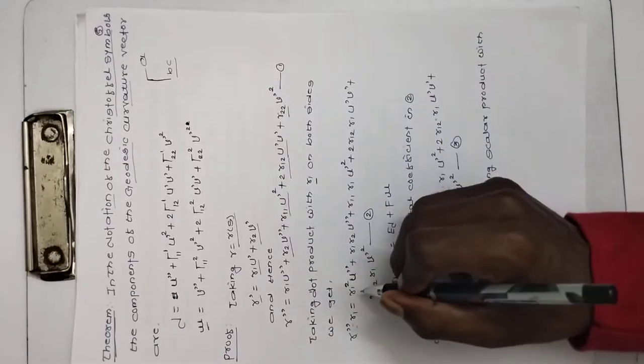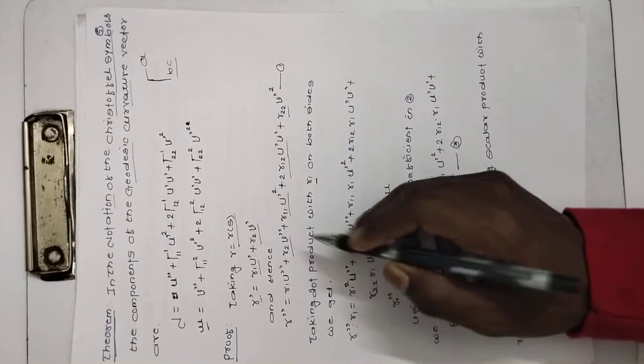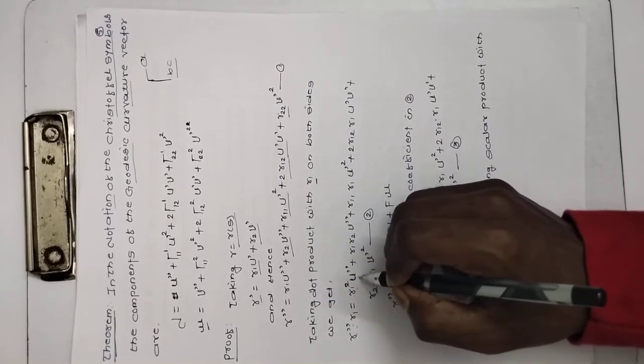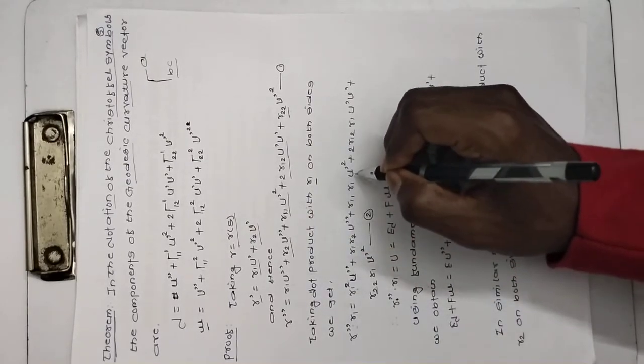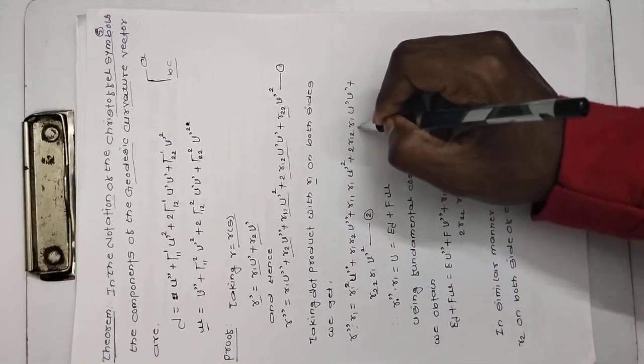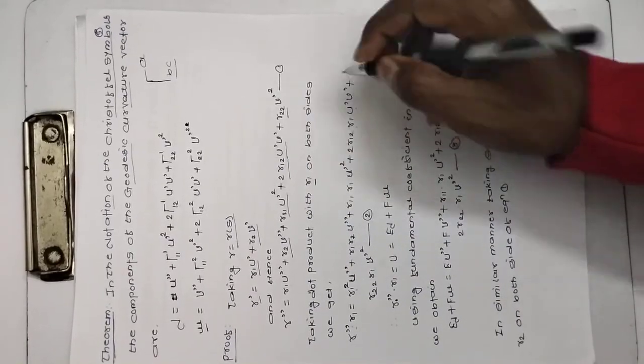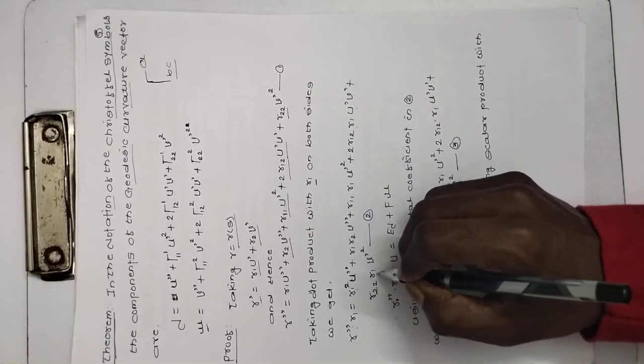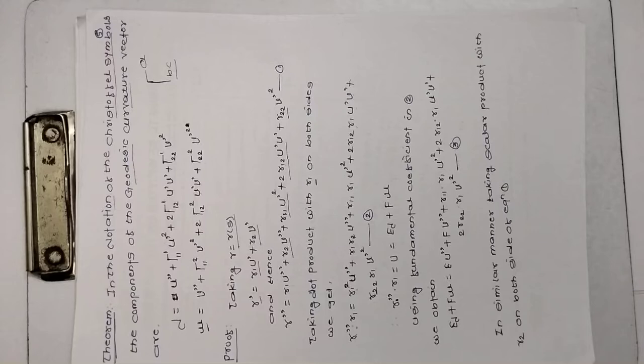Similarly on this side, r1 dot r1 is r1 square u double dash plus r1 dot r2 v double dash, plus r11 dot r1 u dash square plus 2 times r12 dot r1 u dash v dash plus r22 dot r1 v dash square. This is equation 2.